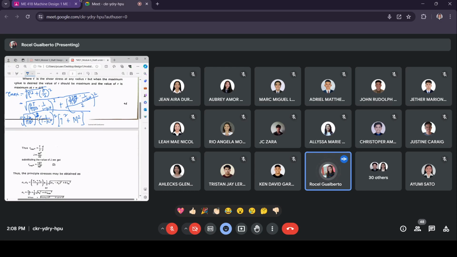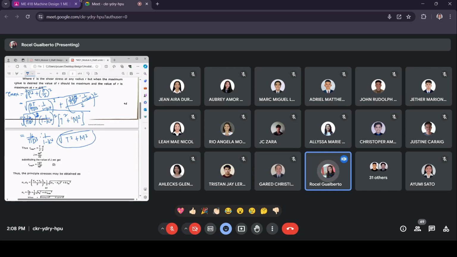So, these two are perfect squares, pwede po natin ilabas nung atin po na radical sign. So, it becomes 16 over pi d cube times 1 over 1 minus k to the fourth, and then what is left here would be T squared plus M squared.